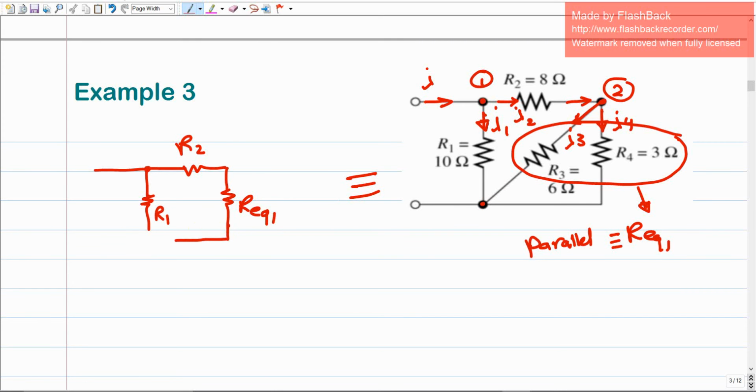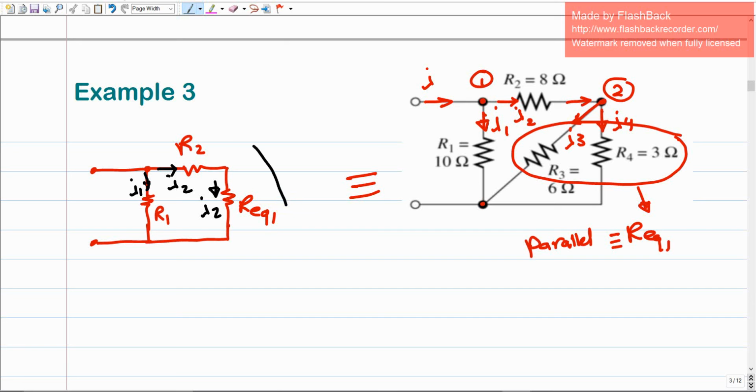This R equivalent 1 with R2 should be in series. Both of them are in series. Why? Because they're going to have the same current flowing through them. The current here should be I1, still the same, and the current here should be I2, and this I2 is going to keep going here as I2.